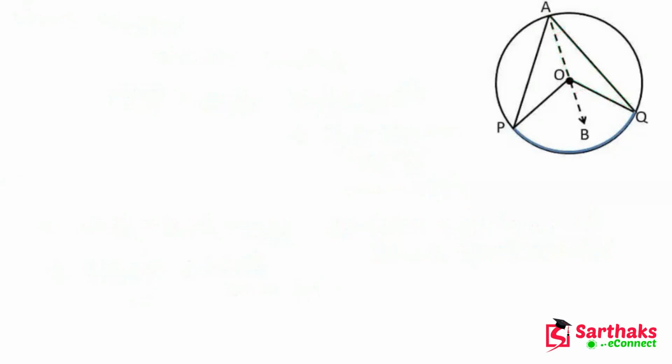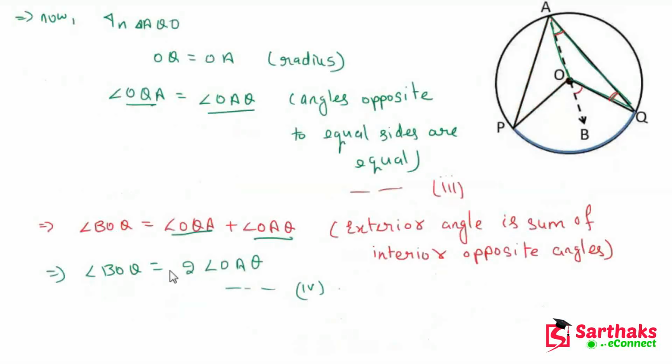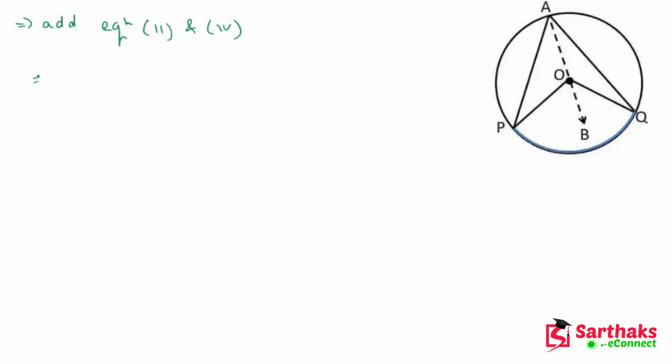Now add equations number 2 and 4. So we get angle BOP plus angle BOQ is equal to twice of angle OAP plus twice of angle OAQ.